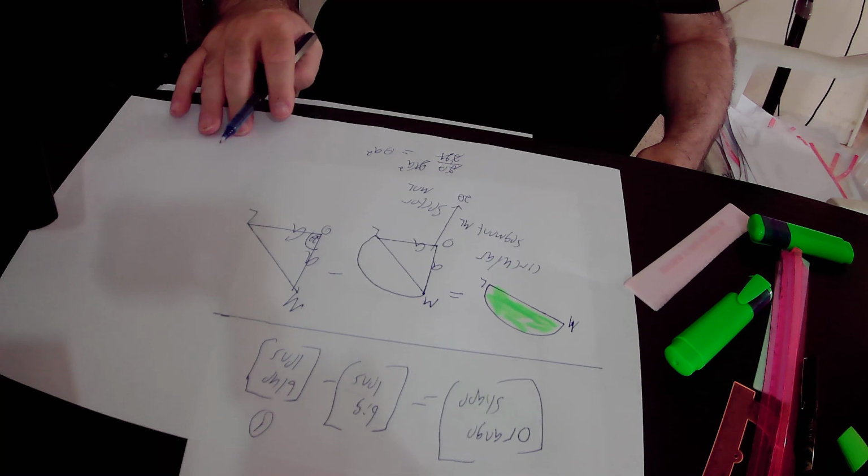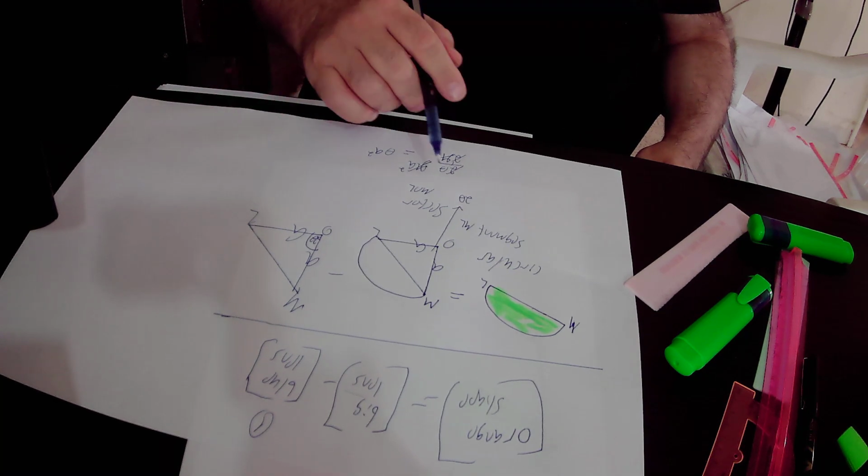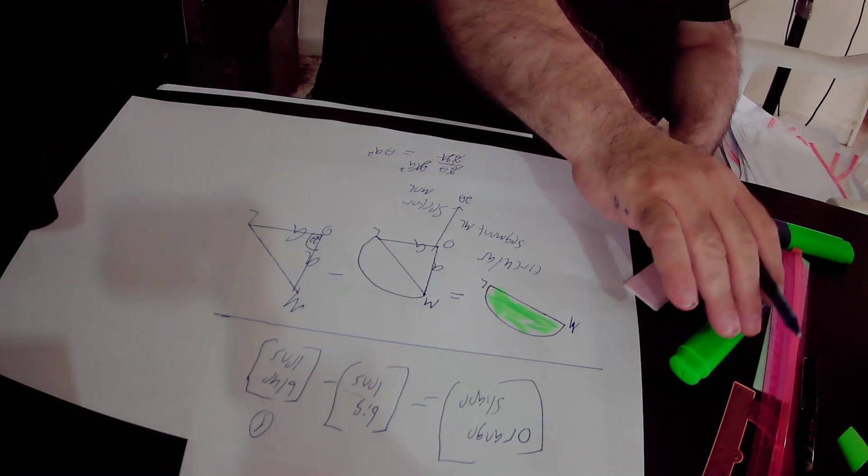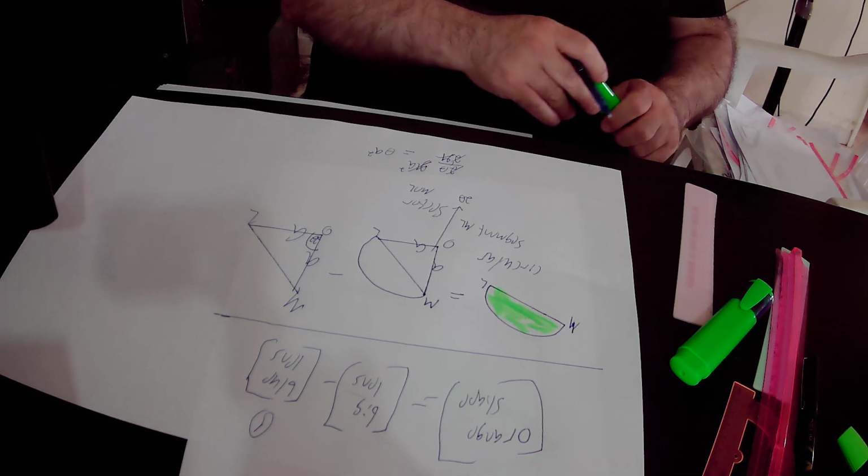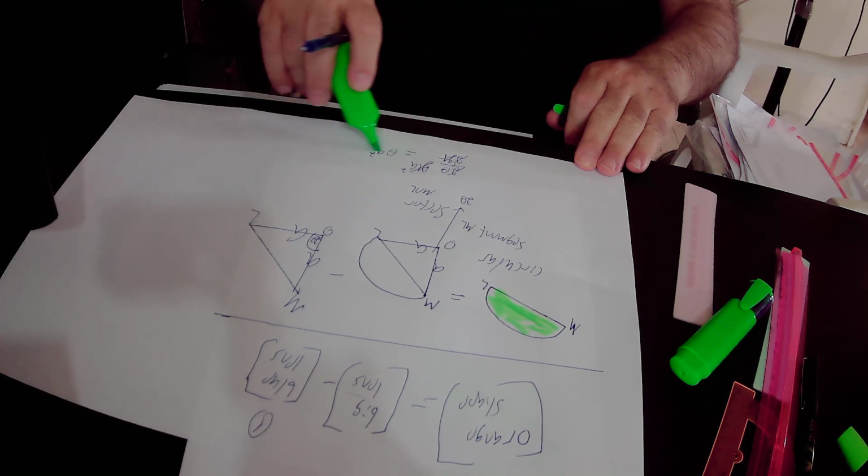Okay, so we just have to find out the area of the sector. The area of the sector equals theta times a squared.